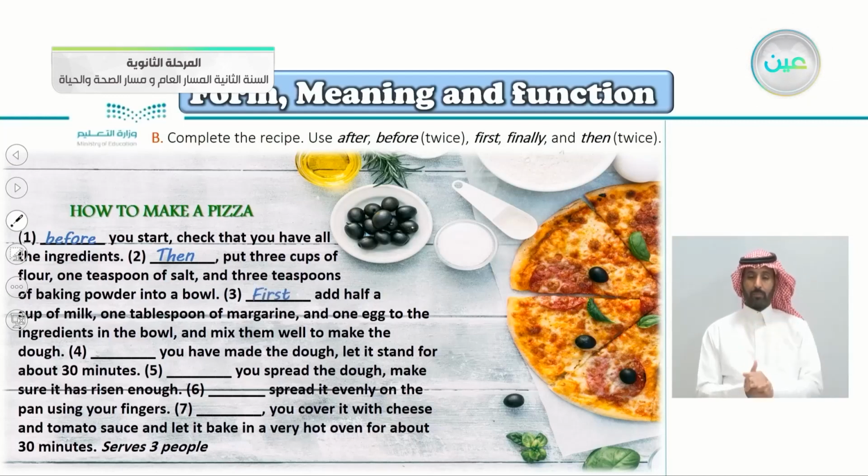Yes, first, add half a cup of milk, 1 tablespoon of margarine, and 1 egg to the ingredients in the bowl, and mix them well to make the dough. So you want to make a dough here. Number 4, yes, after you have made the dough, let it stand for about 30 minutes.